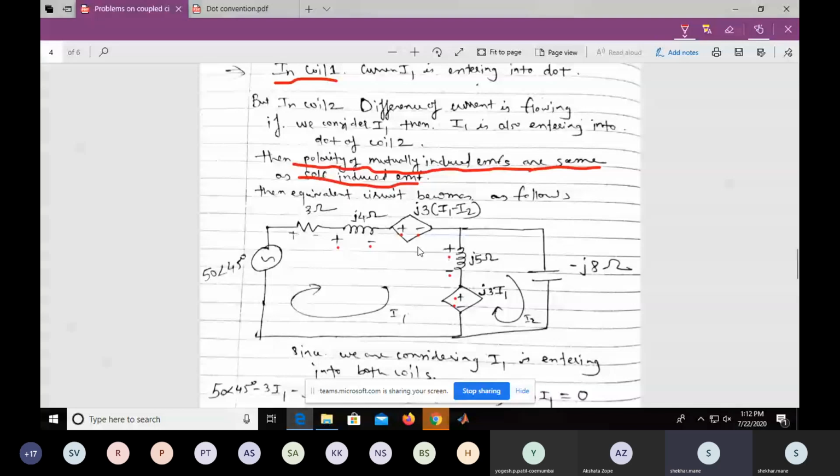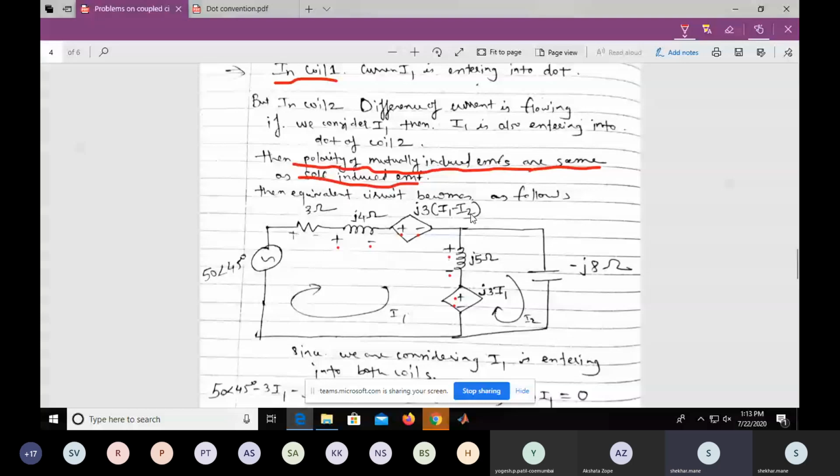And the value of the mutually induced EMF is j3 into (I1 minus I2), because both the currents are in opposite direction and we are considering I1. That's why we have to write I1 minus I2.